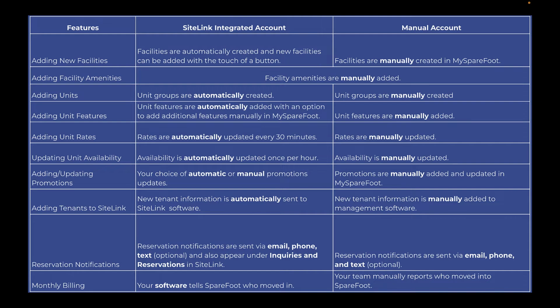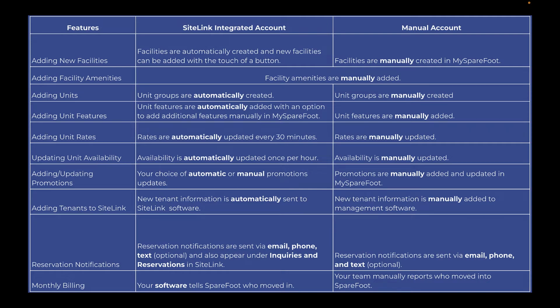New tenant information is automatically sent to SiteLink. Reservation notifications will show under Inquiries and Reservations in SiteLink, in addition to notifications being sent via email, phone, or text. And for your monthly billing and reconciliation process, your software tells SpareFoot who moved in, reducing the manual work.